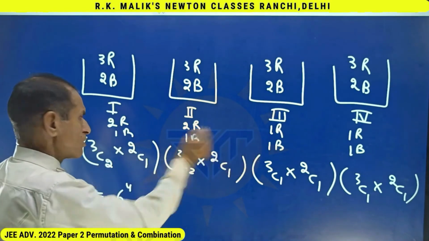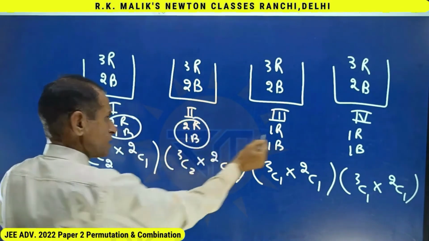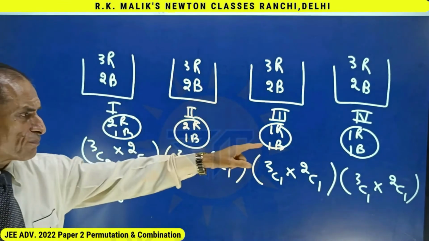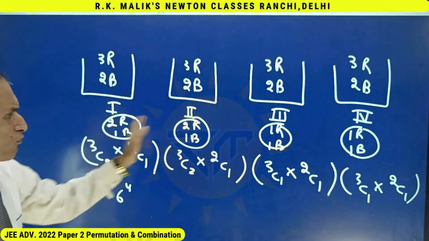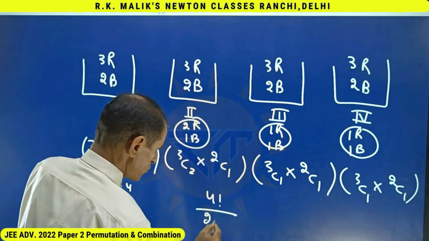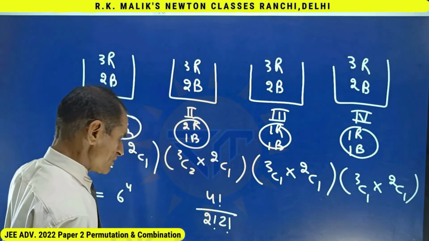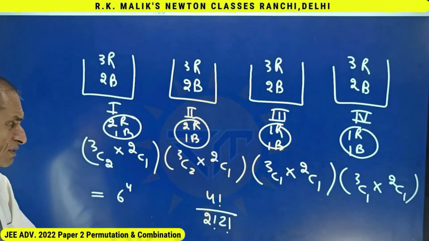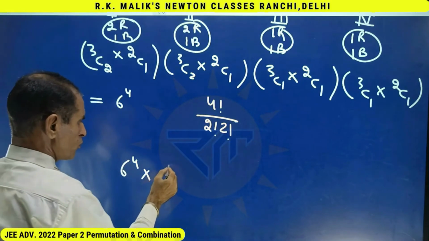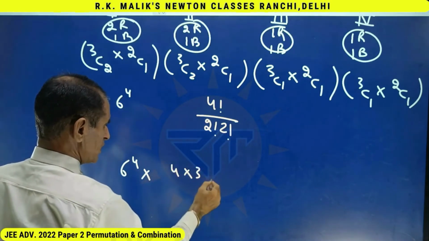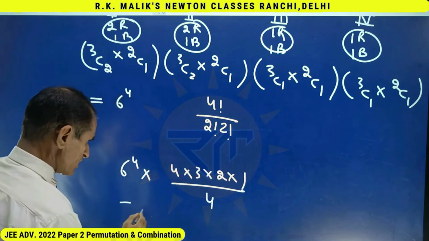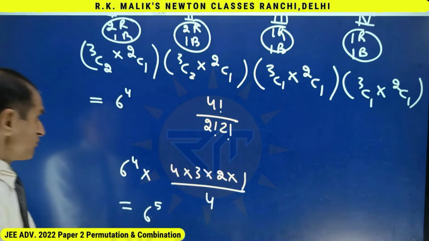And these four things can be arranged at these 4 places in 4 factorial by 2 factorial, 2 factorial number of ways. Hence, total number of ways will become 6 power 4 into 4 into 3 into 2 into 1 by 4, that is 6 to the power 5.